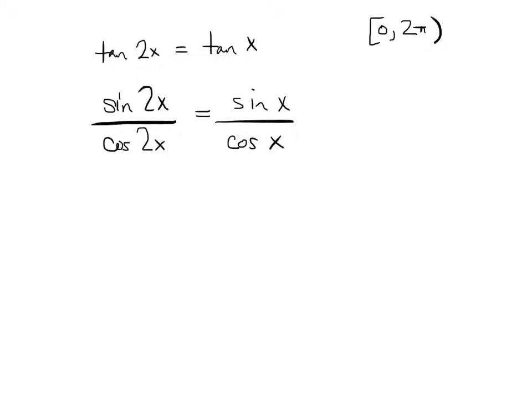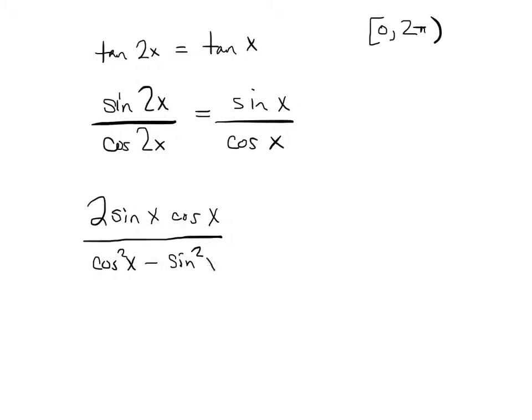Step 1, we got to do the identities. 2 sine x cosine x over, I'll just use cosine squared x minus sine squared x, equals sine x over cosine x.